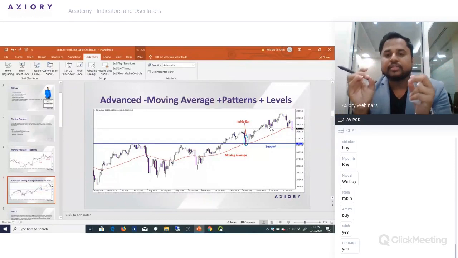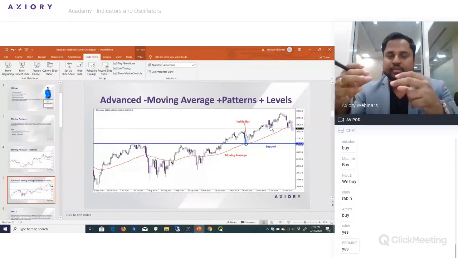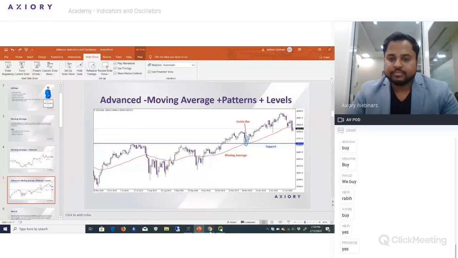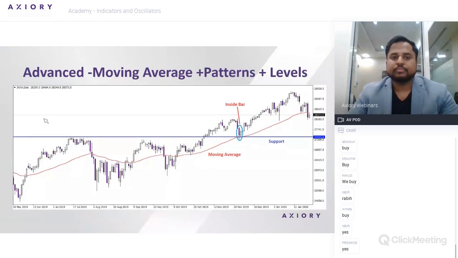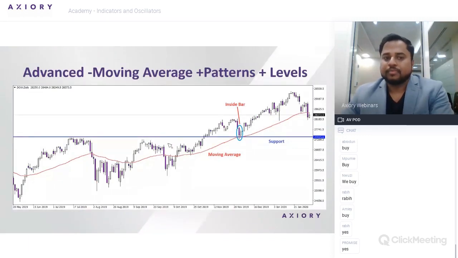So you are going to enter a trade once you get these three ideas together. If you see here, you can see a support here, right? A support is nearby.